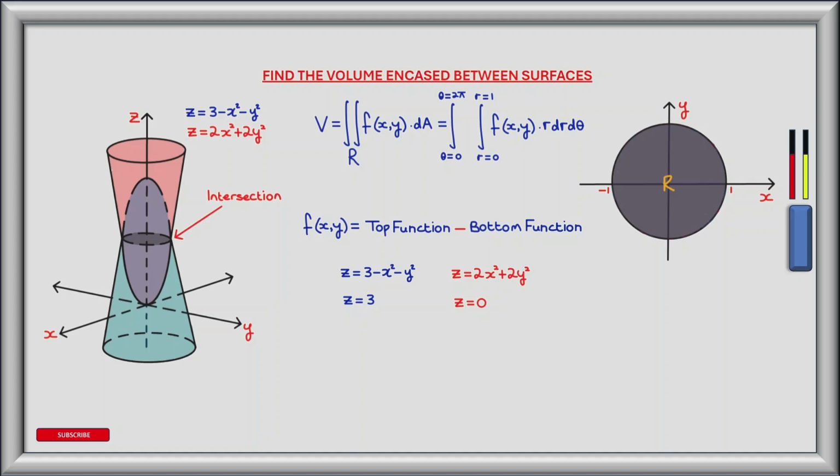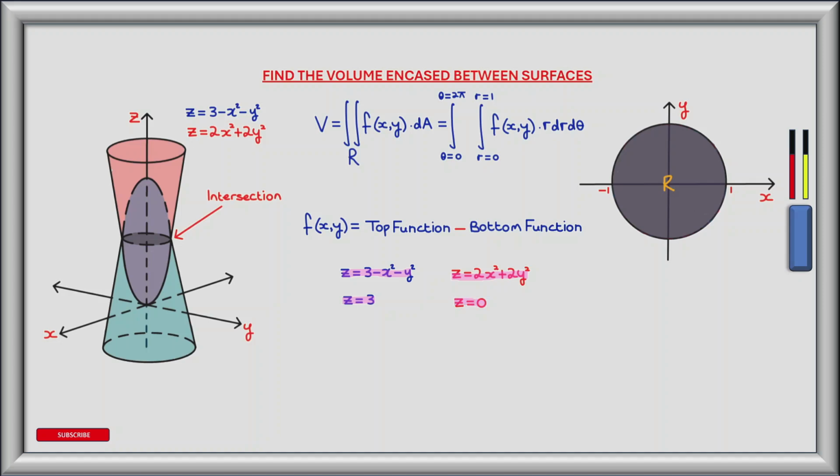If we now take the function z equals 3 minus x squared minus y squared and substitute 0 in for x and y, we're left with z equals 3. And the other function z equals 2x squared plus 2y squared. If we substitute 0 in for x and y, we're left with z equals 0.